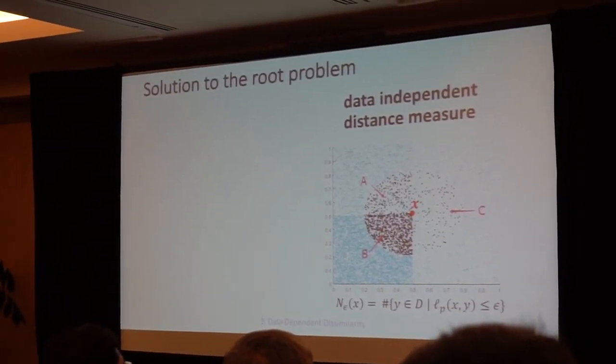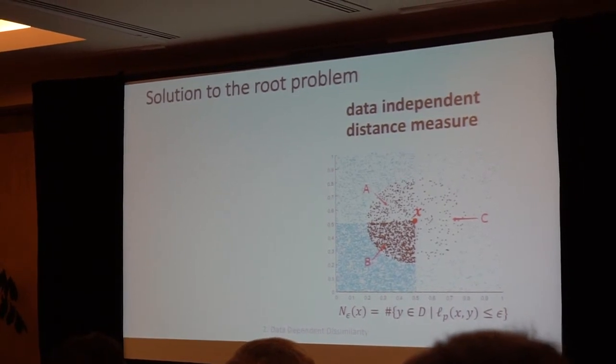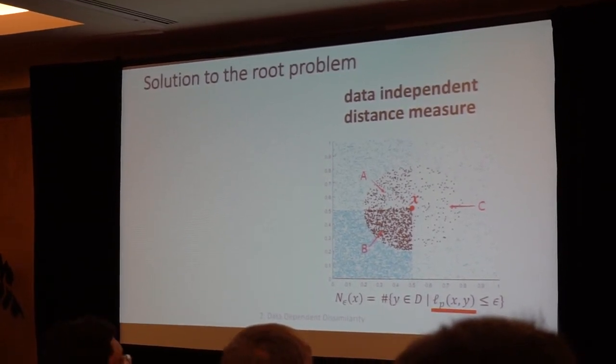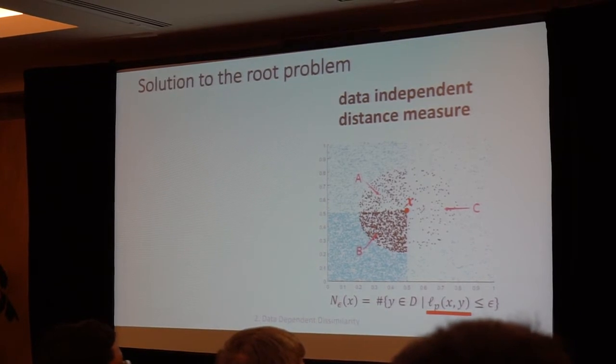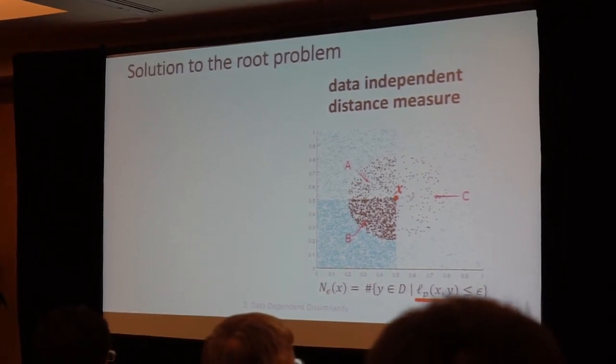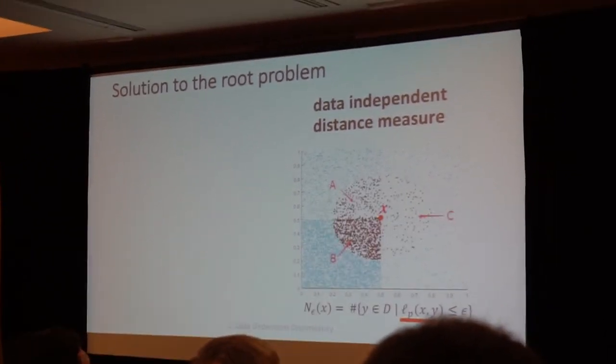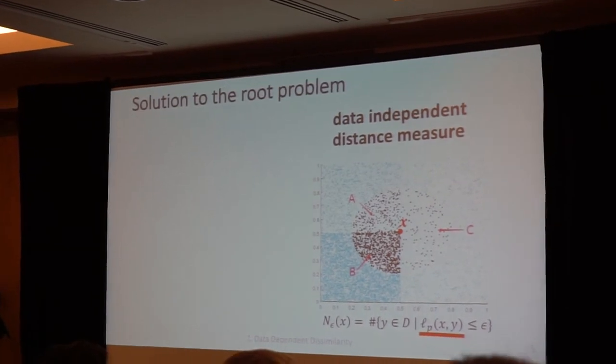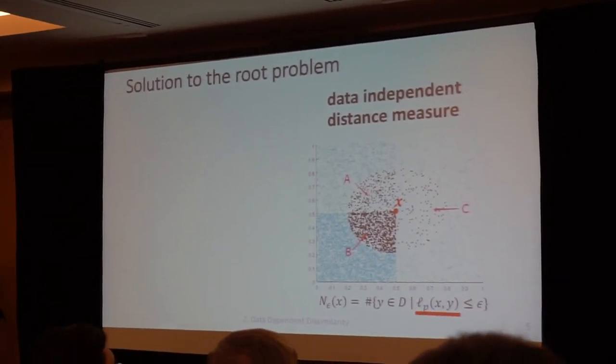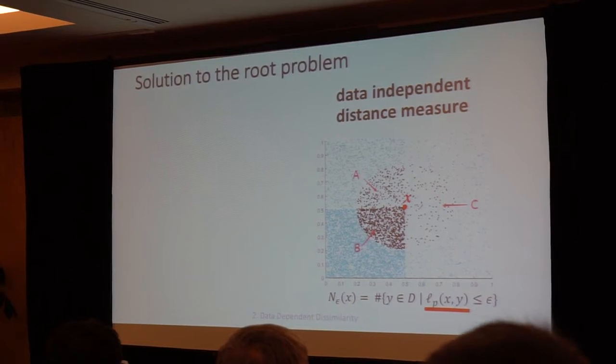The heart of that is the distance function you use. What I show here is the Lp norm. When you set p equal to 2, that will be the familiar Euclidean distance.